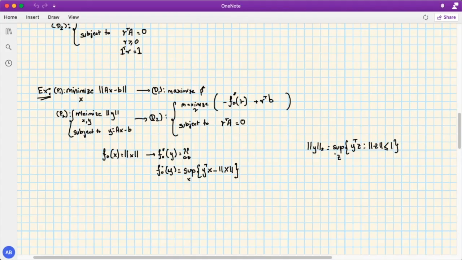I can also express this in terms of x instead of z, because we've got a y transpose x. So I can write down supremum with respect to x of the term y transpose x on the unit ball. This time the norm of x is less than 1.